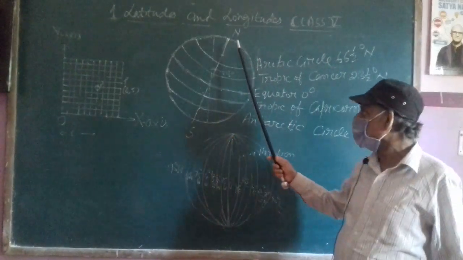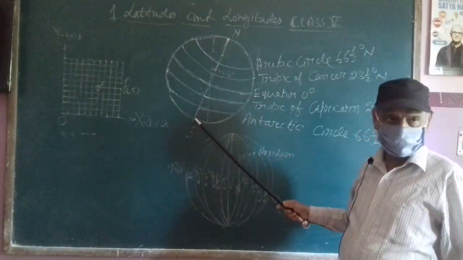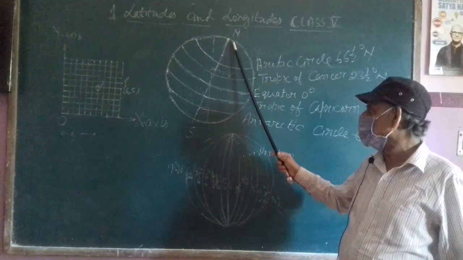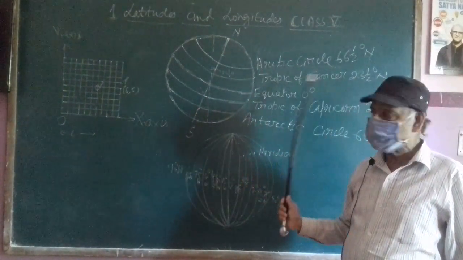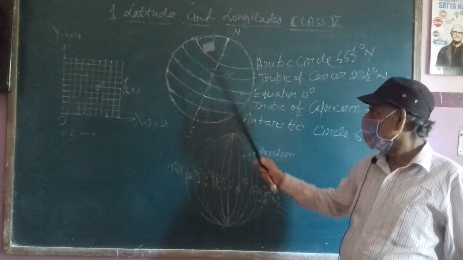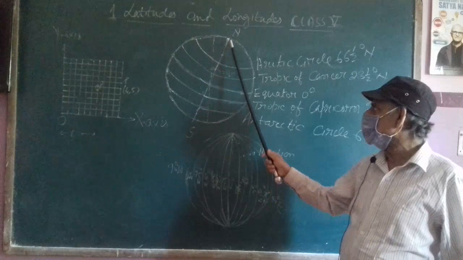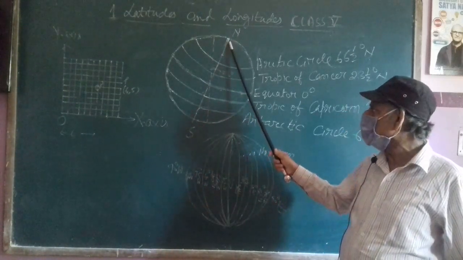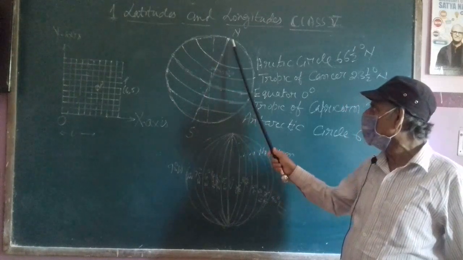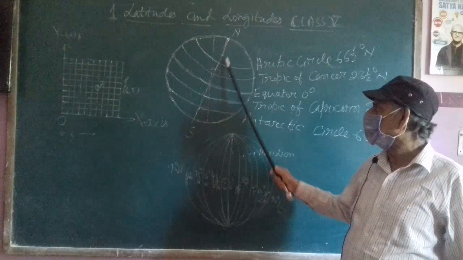You see, this is the axis of the earth, and the earth rotates from west to east in this direction, along this axis. This is also an imaginary line. This line passes through the center of the earth and joins north pole to south pole. This is called axis.